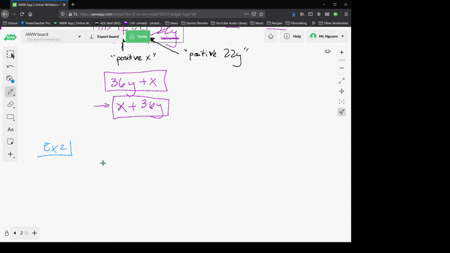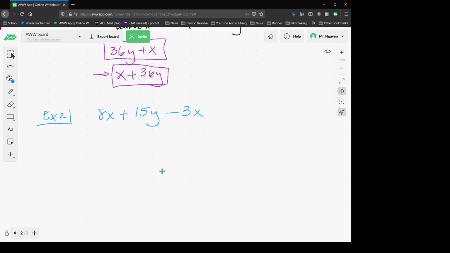Okay, so let's just say, for instance, we have 8x plus 15y minus 3x. Okay, so the very first thing I want you to do is box all the terms.